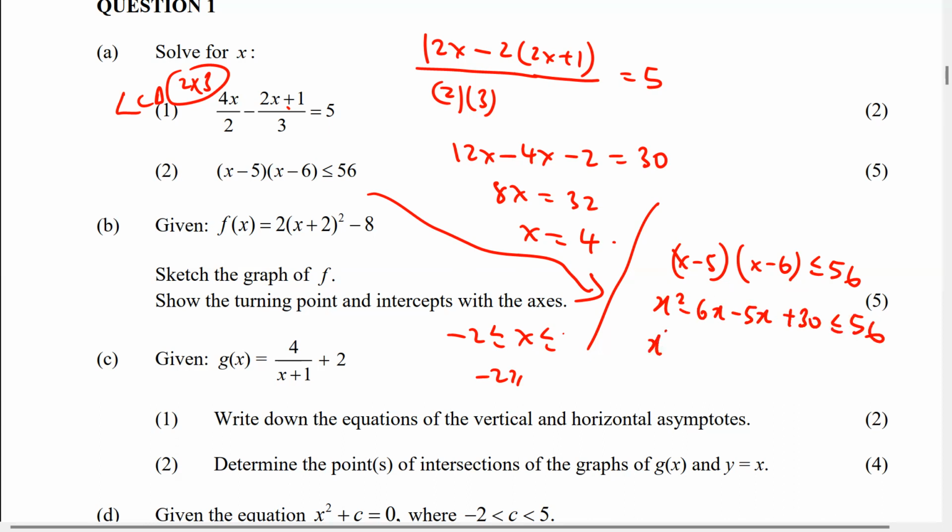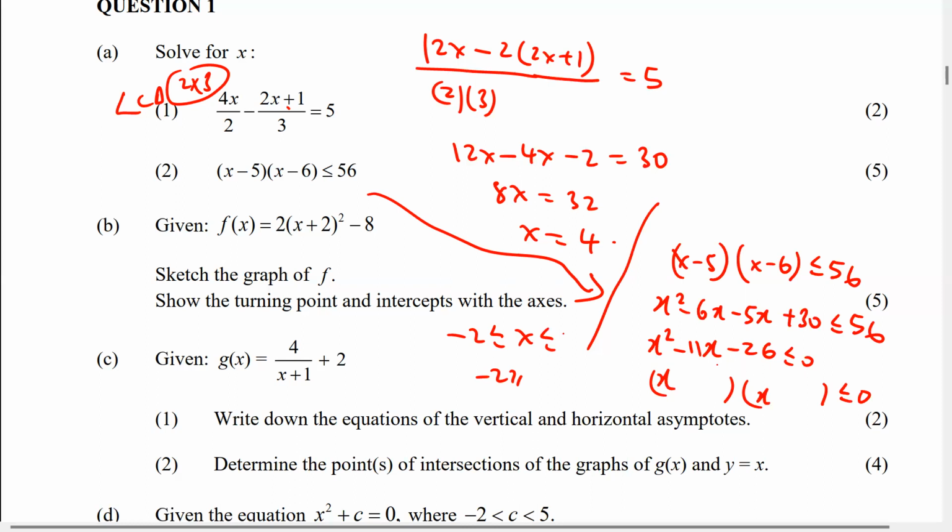These two give us minus 11x. 30 minus 56, you don't waste time, is minus 26, equal to 0. And now you have this one to solve.